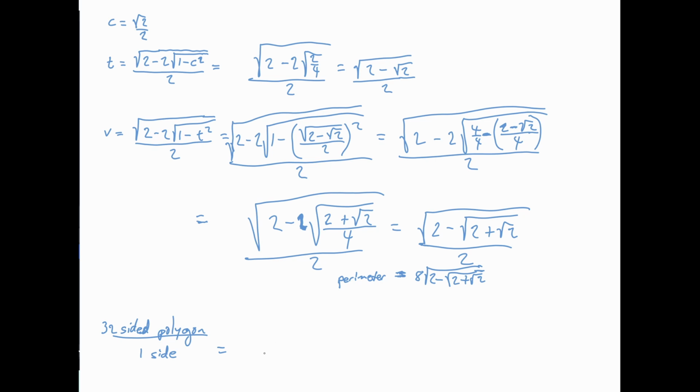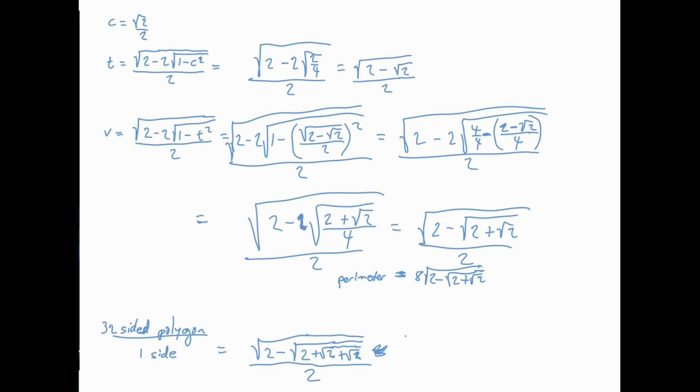The one side would be the square root of 2 minus the square root of 2 plus the square root of 2 plus the square root of 2. And so on.